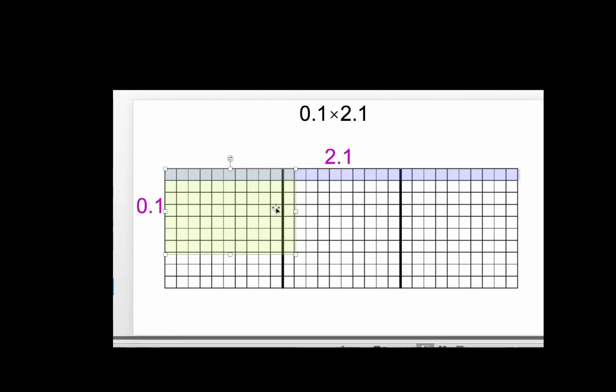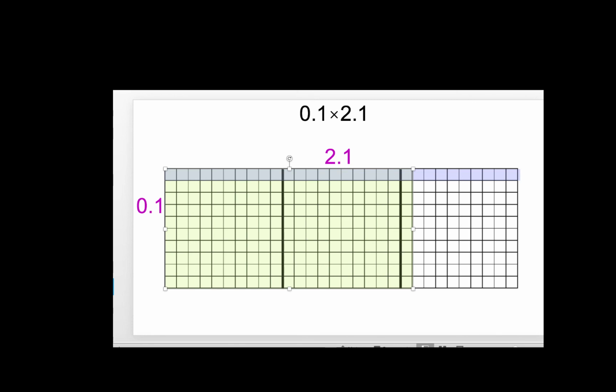So I remember that 100 or hundredths or flats piece is equal to 1. So I need to have 2. Then I have our tenths. So I have 1/10, so that's 1 rod. Alright, so our shaded area is our product, our answer.